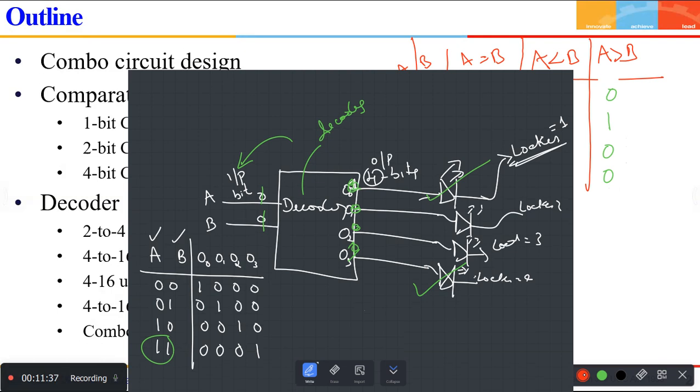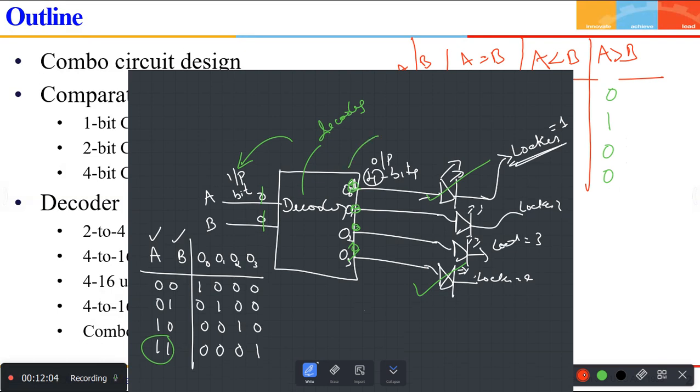Now, there is one more variation for this. Listen carefully. This type of output, where your input is 0, 0 and this output will become 1 and all the others will become 0, is called active high outputs.